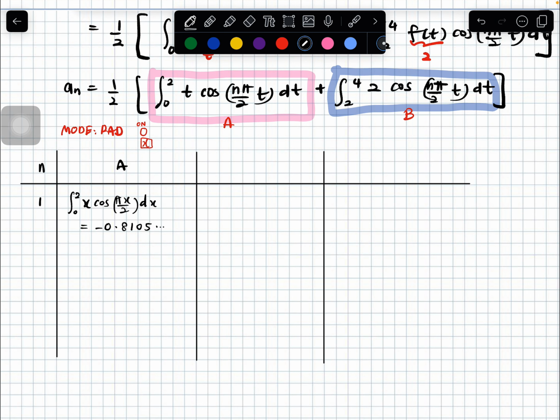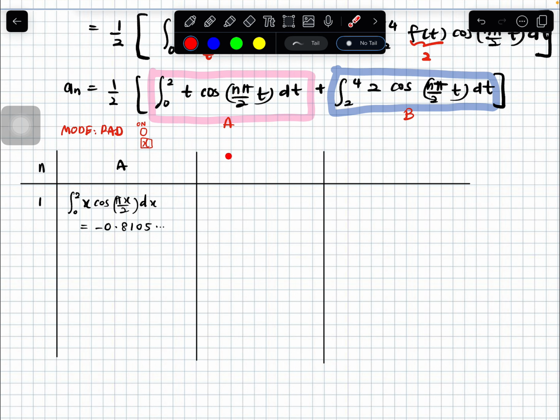So what can we do here? Why do we have long decimal points? The reason is that in theory, if you integrate cos, you will get sine of n pi over 2, and then the coefficient is 2 over n pi.